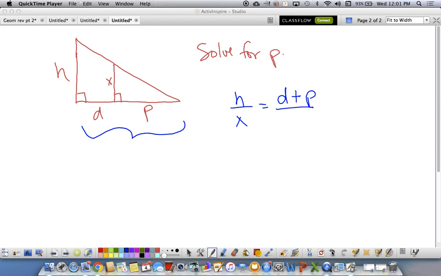And then what's the length of the small? So you do length and length. I guarantee you, Prince did this. H over D plus P equals X over P.